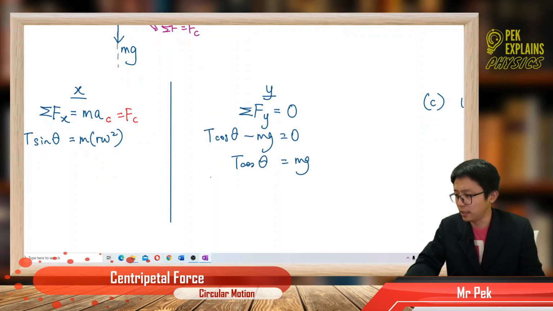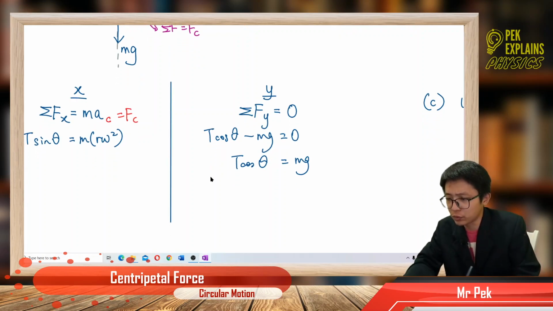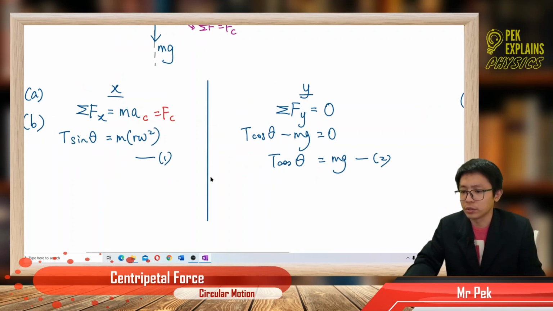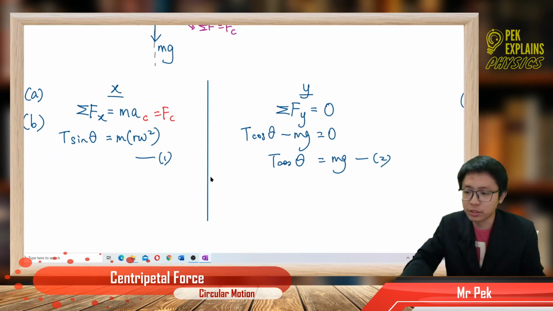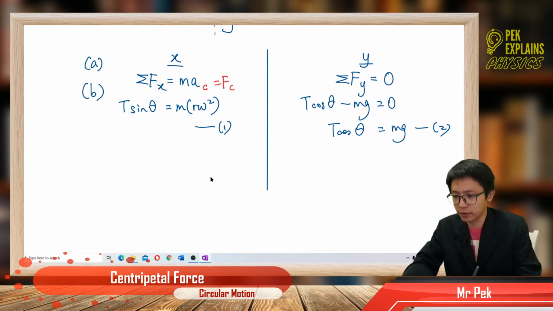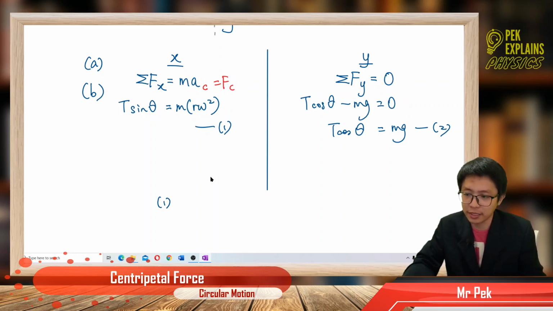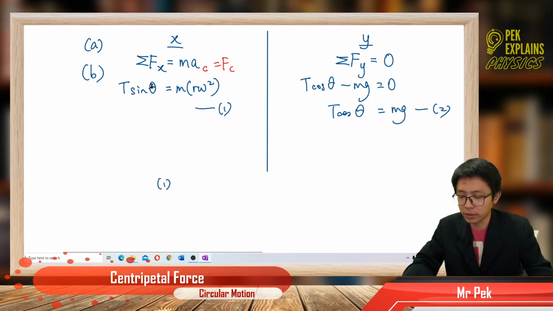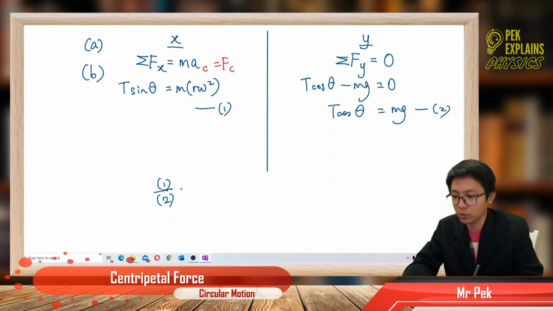Okay, so we have two equations, equation 1 and equation 2. So we must do simultaneous equations. Just take the first equation, sine divided by cos, because we want to use sine divided by cos to get tangent theta. That's why we use 1 divided by 2.